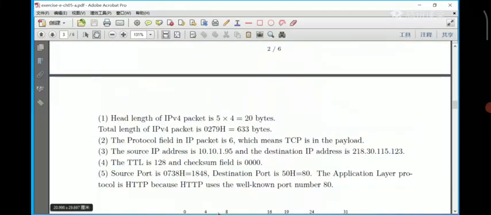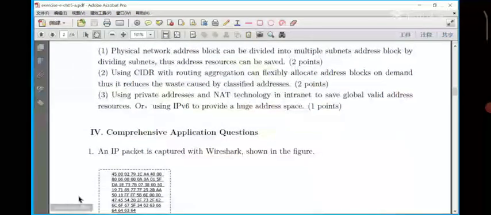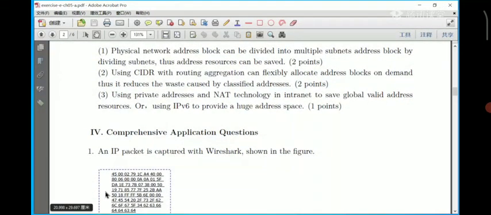So this is the answer. Please pay attention: the information in the final assignment may be different from this, maybe modified.